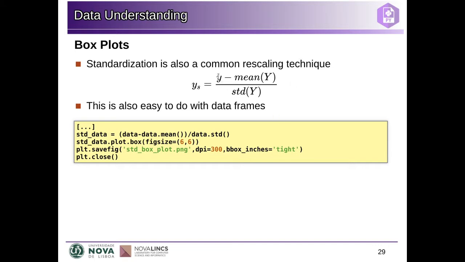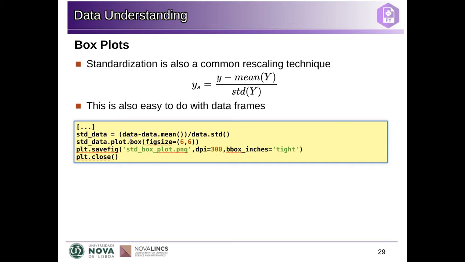To do this, you just subtract the mean of your values from each of the values, and then divide that difference by the standard deviation of all your values. This is also easy to do. So we take all the data frame, subtract the mean of all the columns, and then divide by the standard deviation of all the columns. So this operation broadcasts over all the columns, and then in each column over all the cells.